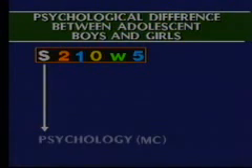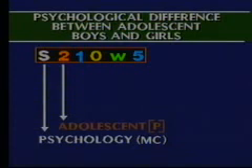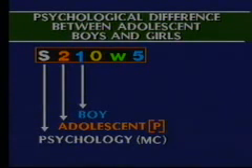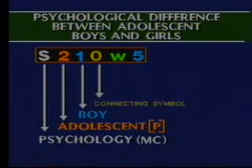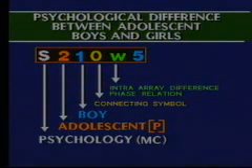S, Psychology, main class. 2, Adolescent, P. 1, Boy, P. 0, connecting symbol for phase relation. Small w, symbol for intra-array difference phase relation. 5, Girl, P. Here, two sub-isolates, boy and girl, of the same personality facet, adolescent, are interrelated.